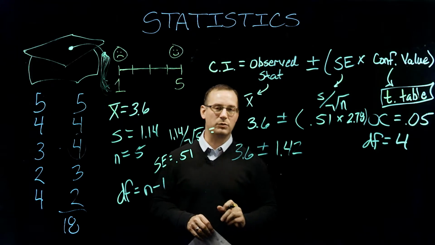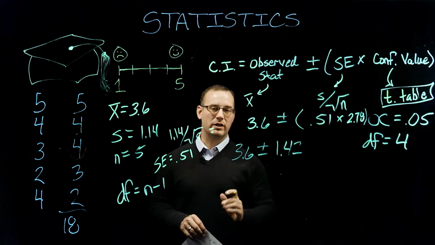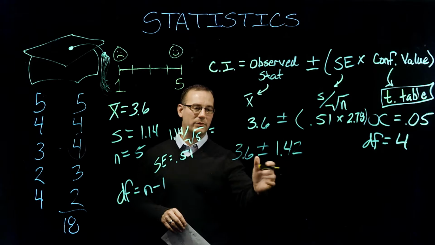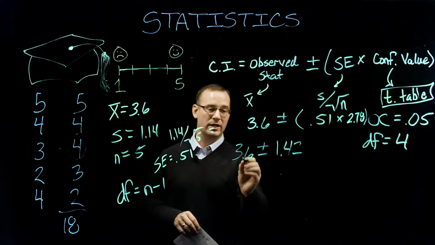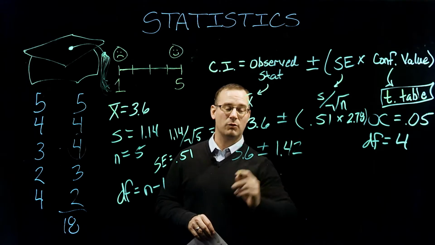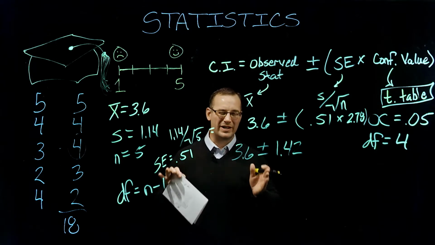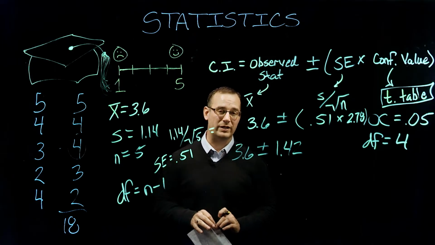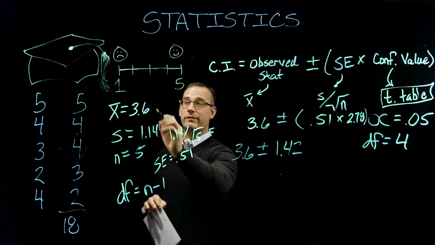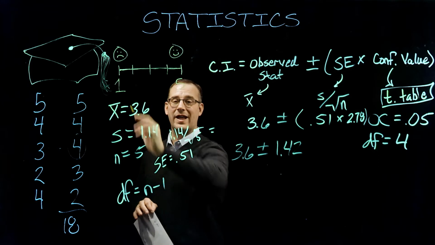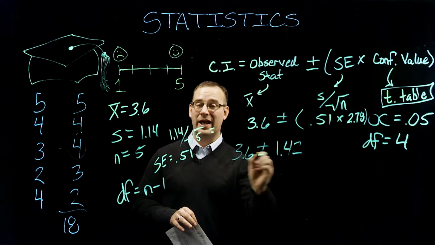In essence, if we take 3.6 minus 1.42, that's our low end, and 3.6 plus 1.42 is our high end. That tells us that we're 95% sure that our true satisfaction average of our graduating seniors falls within that bandwidth.